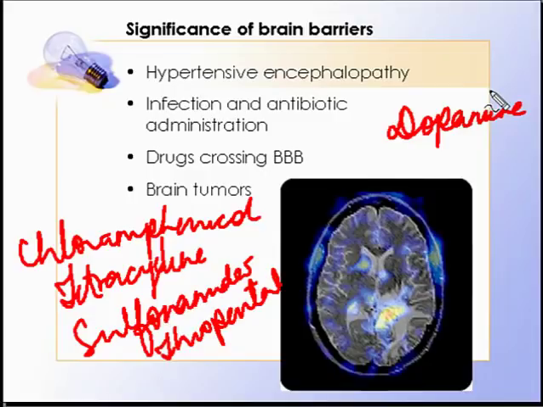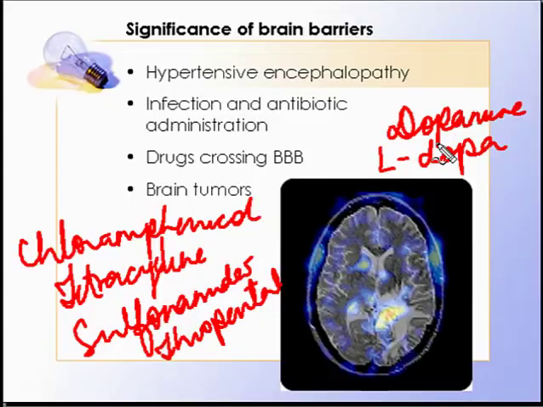However, L-dopa, which gets converted to dopamine, is given because it crosses the barrier, gets into the brain, and then is converted to dopamine, and that's how you treat patients with Parkinsonism. So that's the importance of knowing about the barrier and which drugs can and cannot cross it.